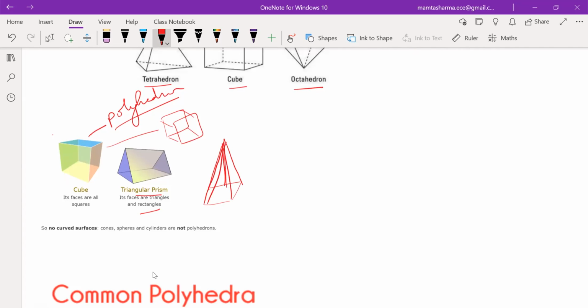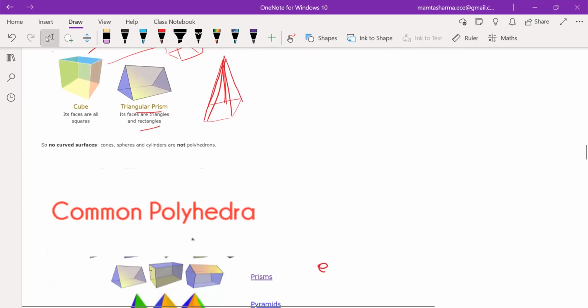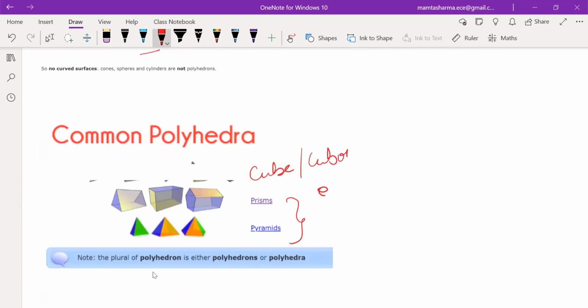We will see them one by one: their structure, properties, edges, faces, and vertices. The common polyhedrons are prism, pyramids, cube, and cuboid. In this chapter, we will study these four shapes.